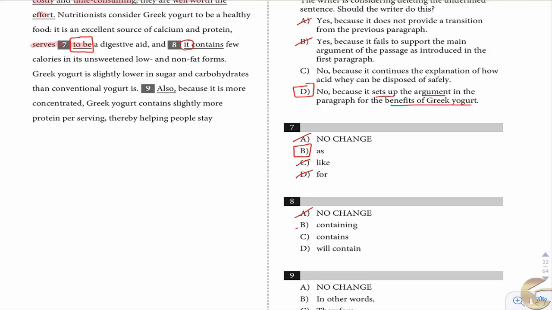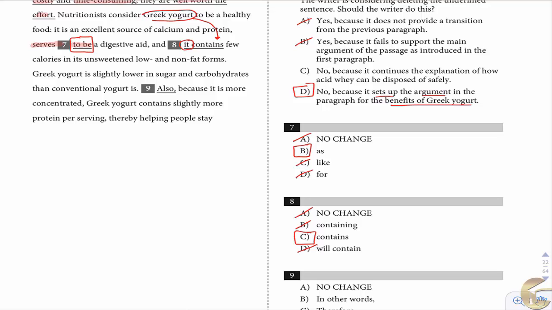So we're not going to keep B or D. Greek yogurt contains. Greek yogurt is singular, contains is singular, so those are going to match up as well. So singular verb, I should say. Singular verbs end in an S. So in this case, C is going to be your proper answer for number 8.